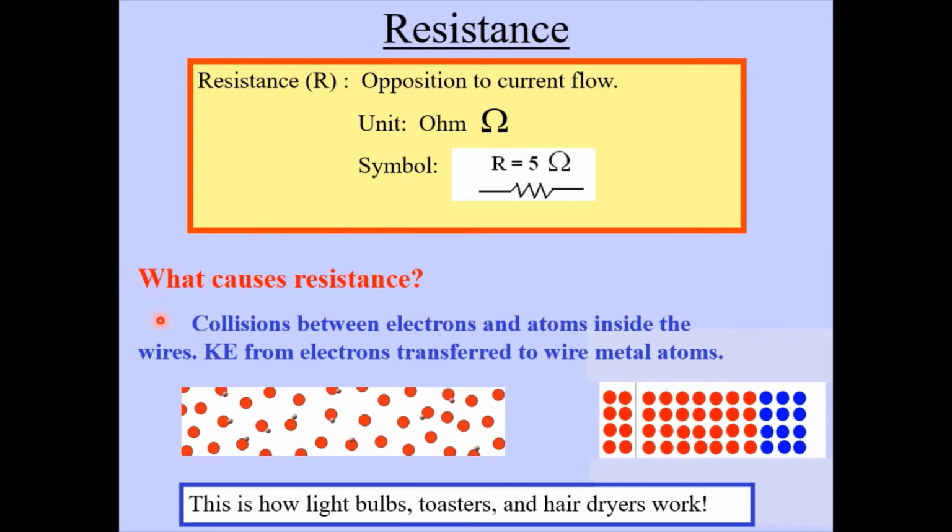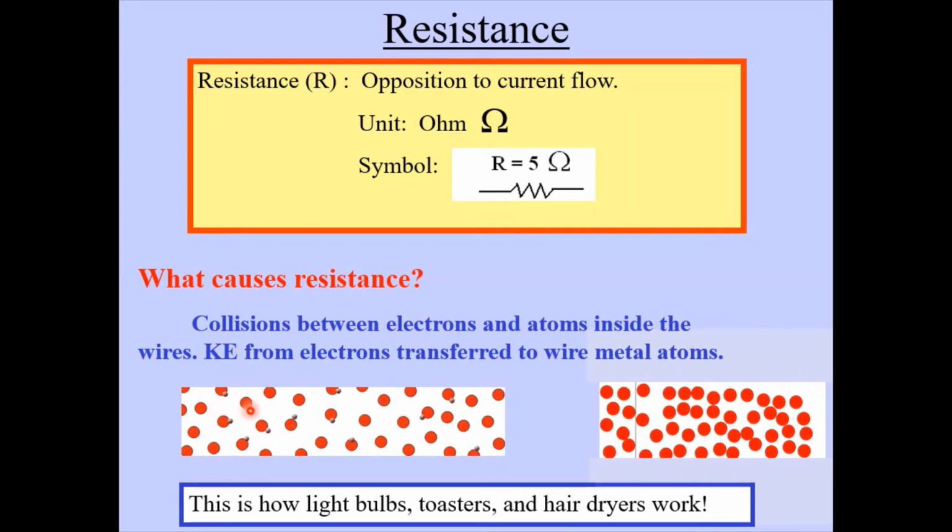Now, what actually causes resistance? Well, it's the collisions between the electrons that are flowing and the atoms that are inside the wires. Kinetic energy from the electrons is transferred to the wire metal atoms. In this picture here, this is a little section of a wire. Let's say it's a copper wire. These big red circles represent copper atoms that are bonded together to make a solid wire.